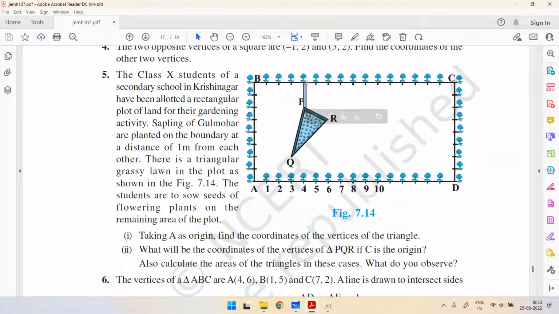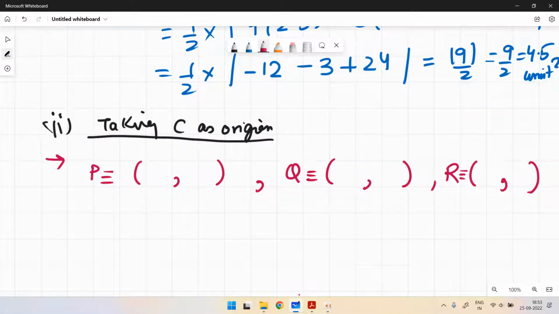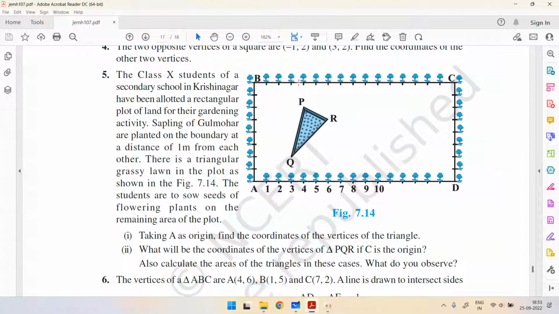This is 1, 2, 3, 4, 5, 6, 7, 8, 9, 10, 11, 12. So minus 12 is on the x-axis, and dropping from here to here, this is 1, 2, so minus 2 on the y-axis.